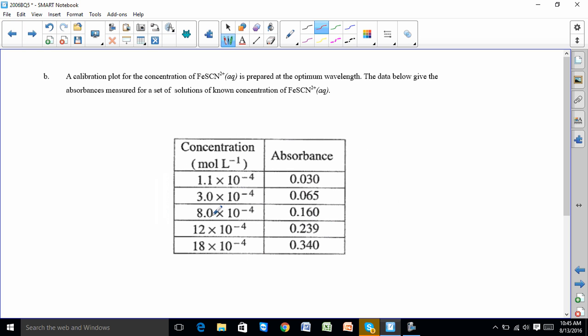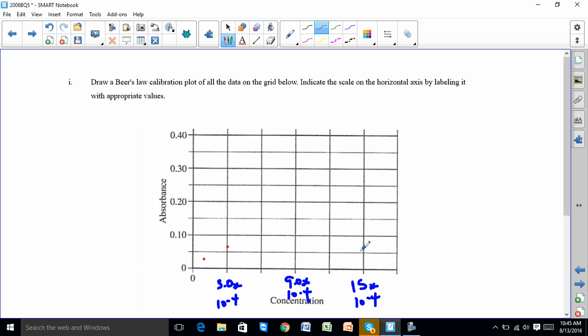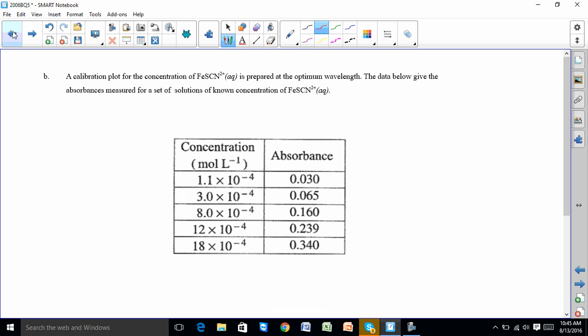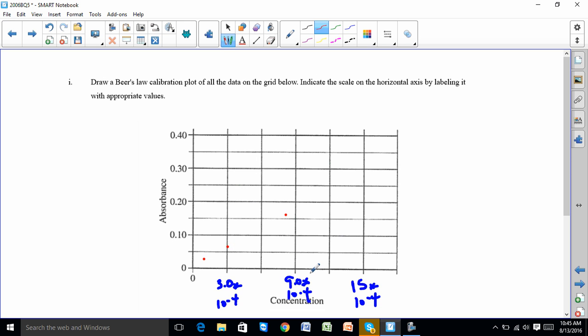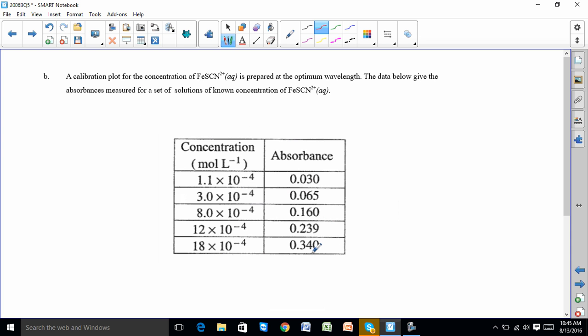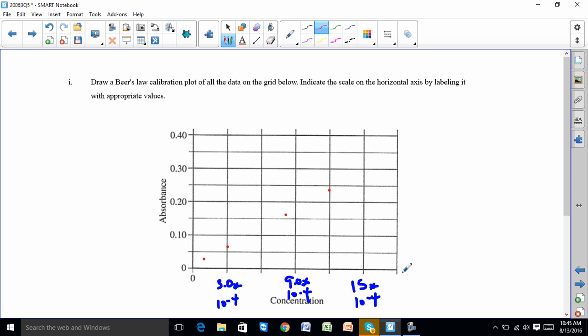Going back, 8 is 0.16, so here's 9, so here's 8, here's 0.15, here's 0.16. Going back, 12 is 0.239, so 12 would be right here, 0.2, 0.25, so 0.239 is about here. And then 18 is 0.34, so 18, which is out here, 0.34 is about here.